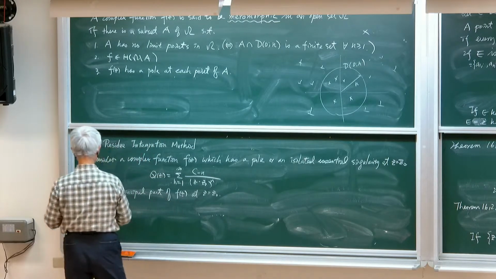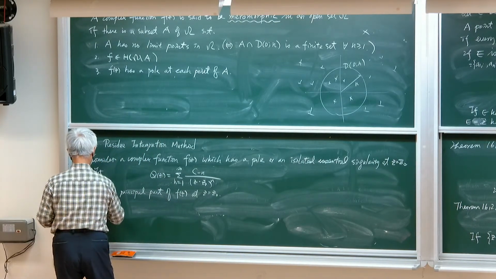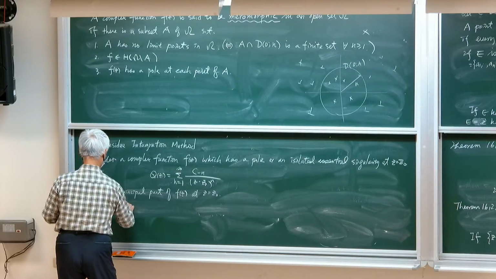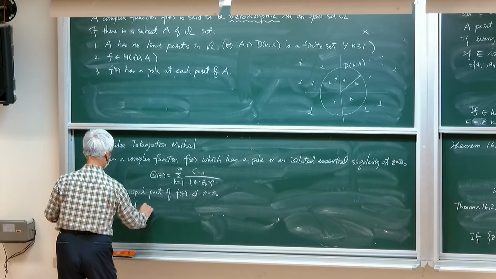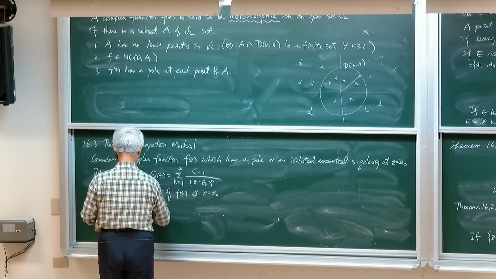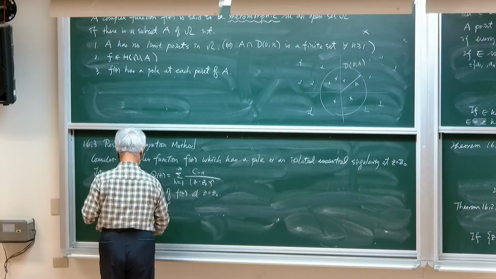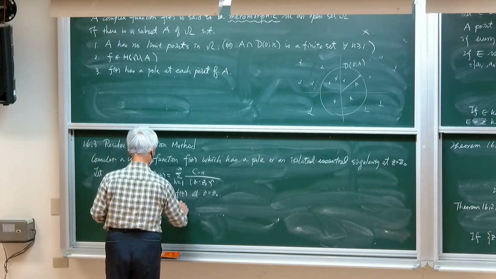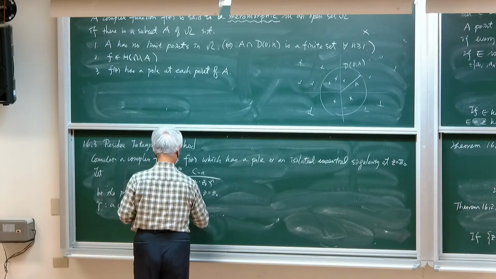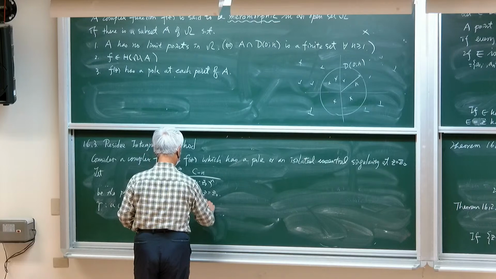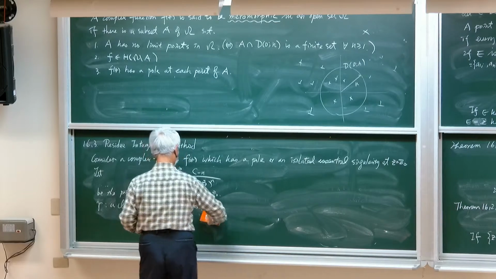And consider gamma, a closed path in the complex plane, with the singular point z0 not in the image of gamma.